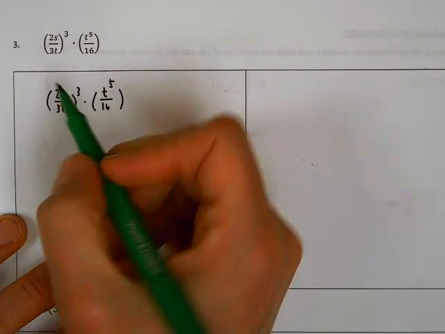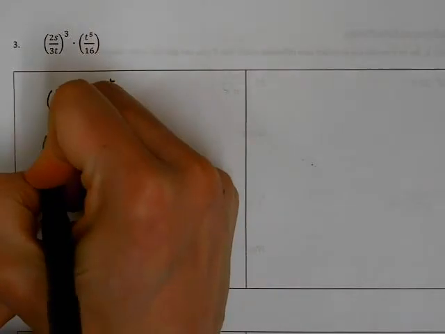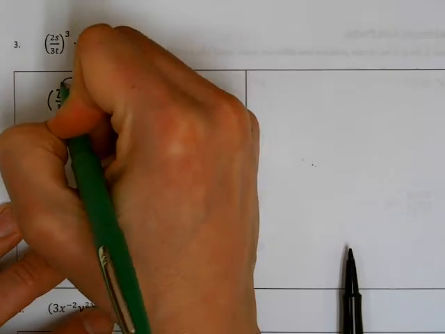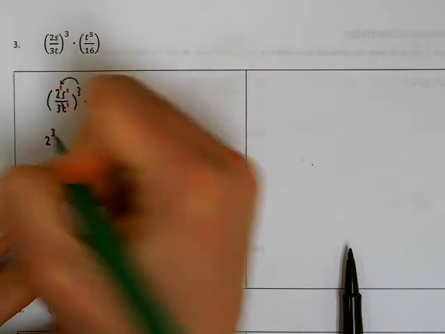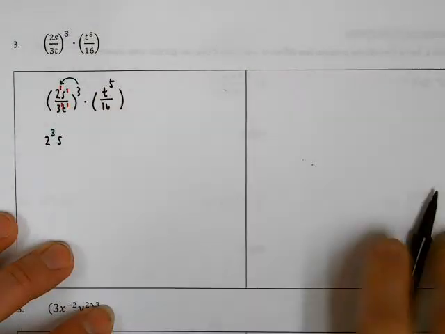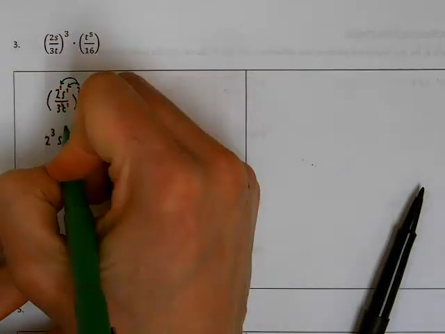I also have s. All my exponents happen to be 1. So when I multiply that out, I'm going to get 2, and my exponent is 3 times 1, so I have to the third power, times s. Again, when I multiply it, it's 3 times 1, which is 3.